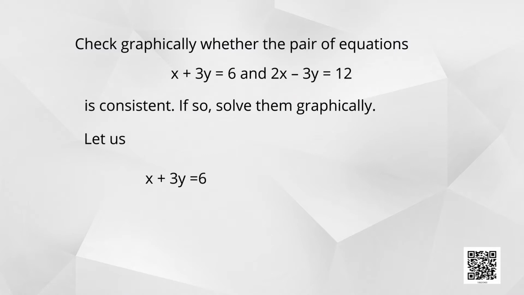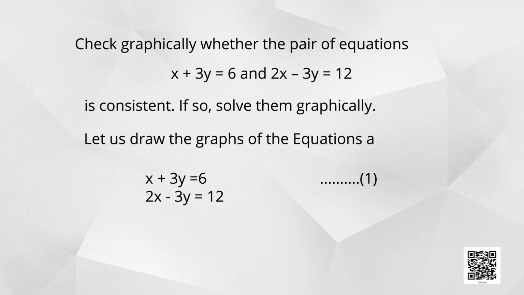Let us draw the graphs of equation 1, that is x + 3y = 6, and equation 2, that is 2x - 3y = 12. For this, we find two solutions of each of the equations.